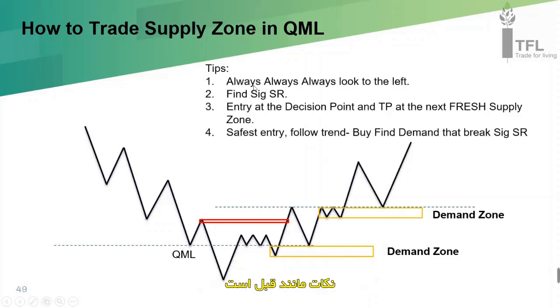Similarly, the tip is the same. Always look to the left, find your significant support and resistance, and enter at your decision point, and TP at the next fresh supply zone. And of course, the safest trade is to follow the trend, where you find the demand zone that breaks the significant support and resistance over here.